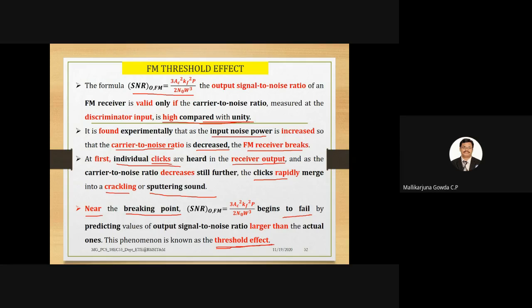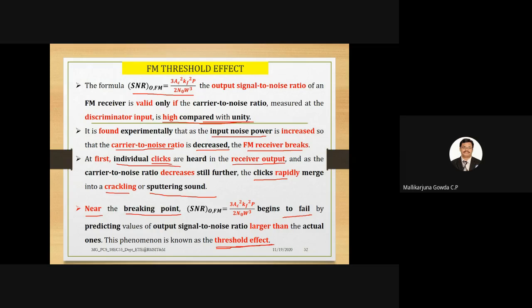First we hear individual clicks at the receiver output, and as the carrier to noise ratio decreases further, the clicks merge into a crackling or sputtering sound. You might have experienced this whenever you listen to FM. Near that breaking point, the output SNR expression fails by predicting a value larger than the actual one. That phenomenon is known as the threshold effect.